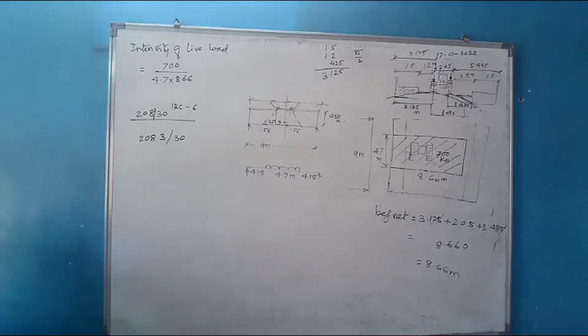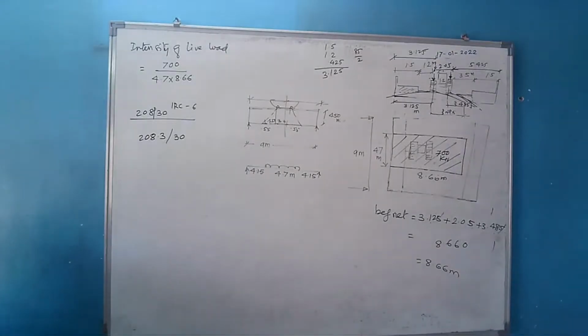So what does it say? 10% up to a span of 40 meter, in accordance with the curve in figure 9 for span in excess of 40 meter. If the span is 9 meter or more up to 40 meter, in that case the impact factor is to be considered as 10%.